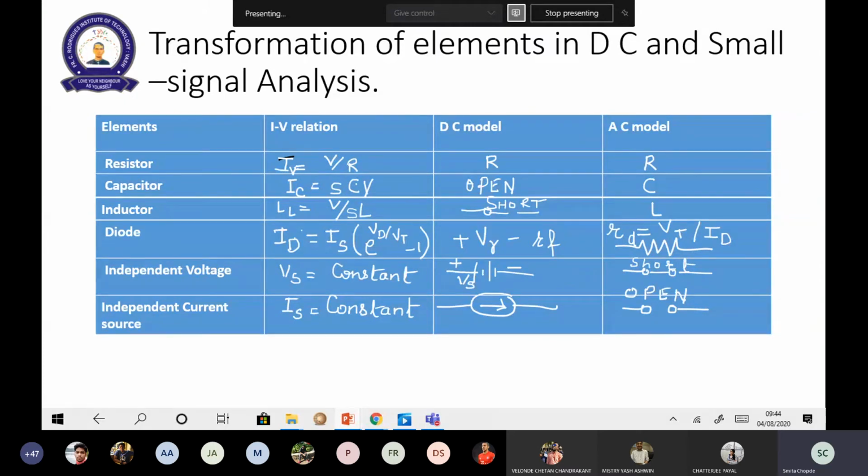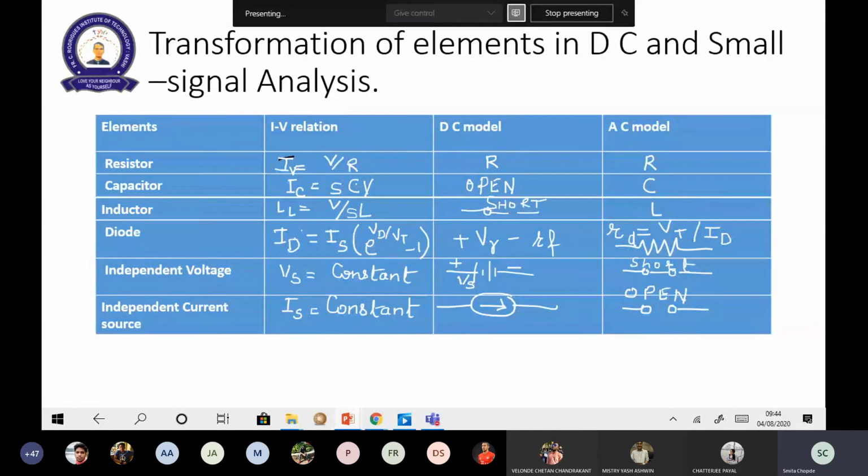So the resistor behaves as a resistor in both AC and DC models. The capacitor behaves as an open circuit in the DC model and actually as a capacitor in the AC model. Similarly, your inductor behaves as a short circuit in the DC model, whereas in the AC model it actually works as an inductor.